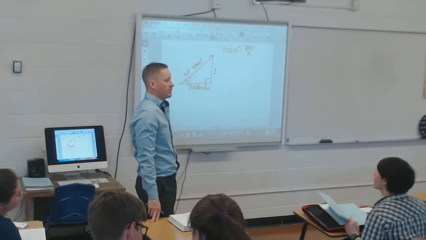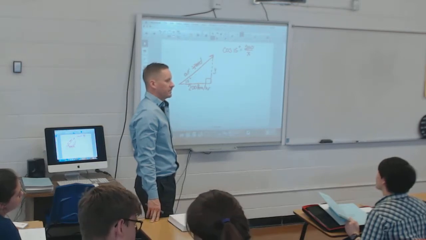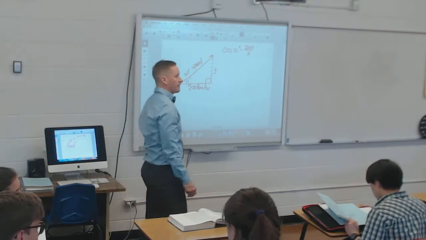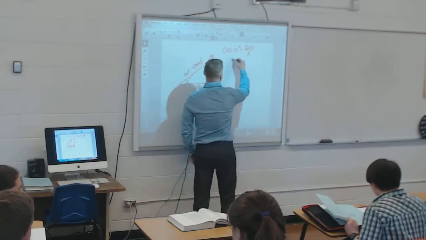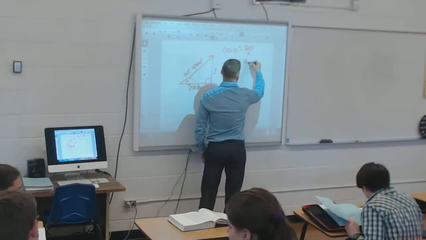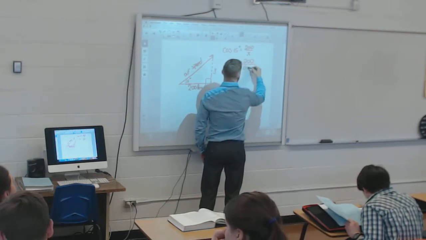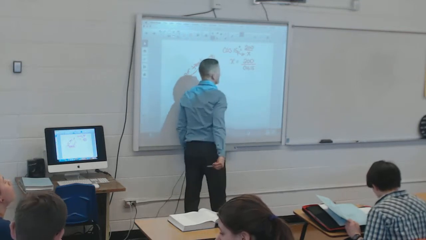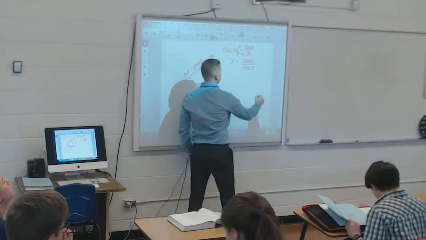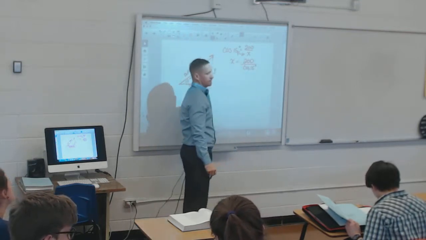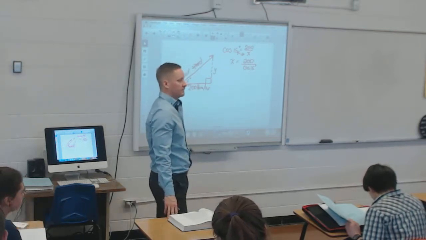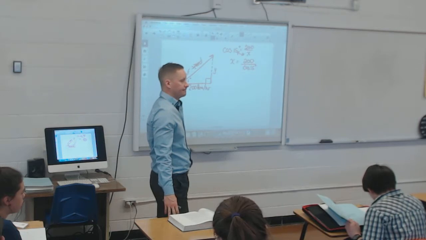I switch x and cos 15, sorry. I switch those two. Oh, okay. So I think that's what I've been doing wrong most of the time, is I've been using my trig wrong.